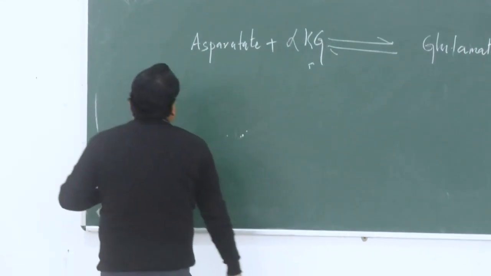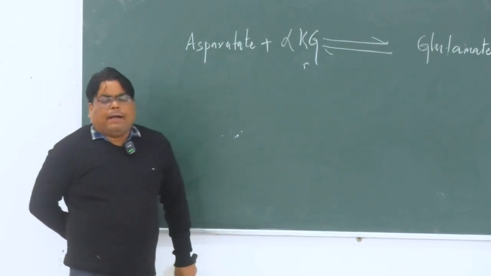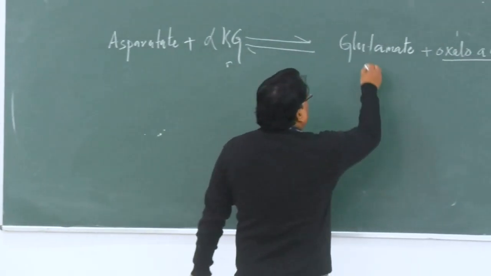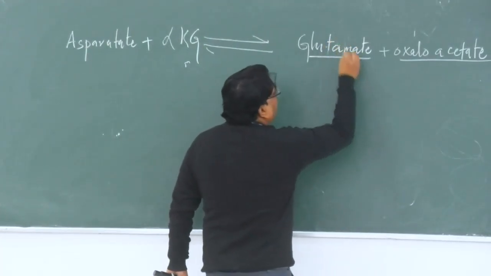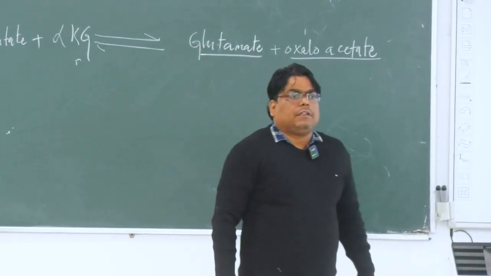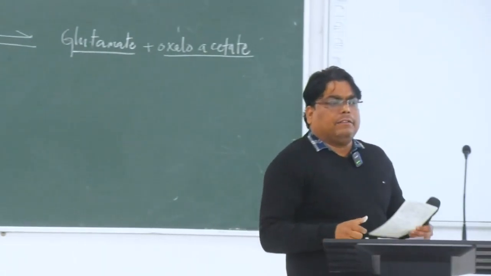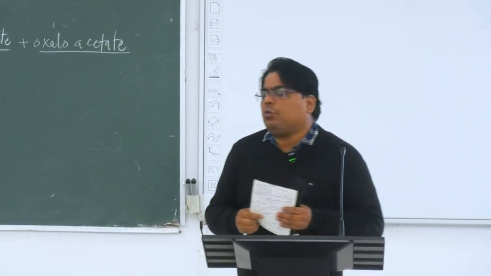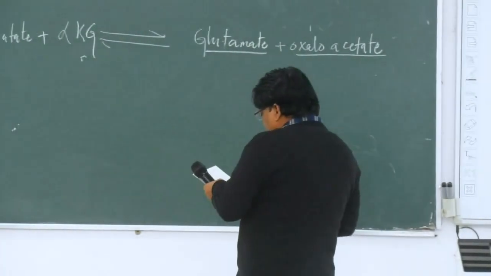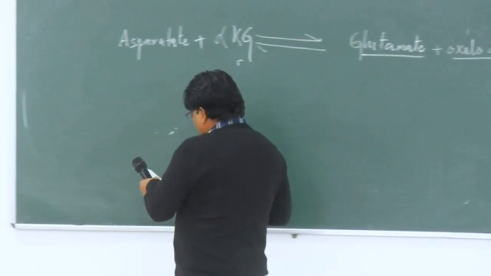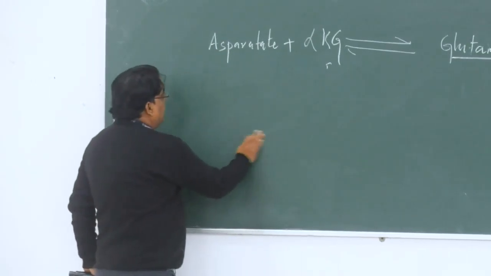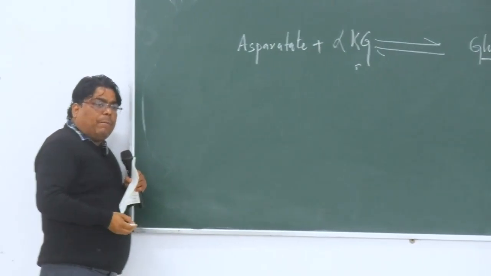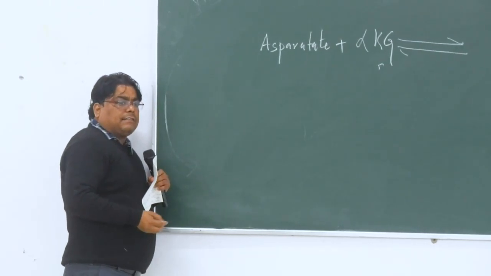So there is transfer of amine group, and this is called glutamate. Here glutamate contains the amine group. Okay, so there are mainly two transaminases present which perform this transamination reaction.